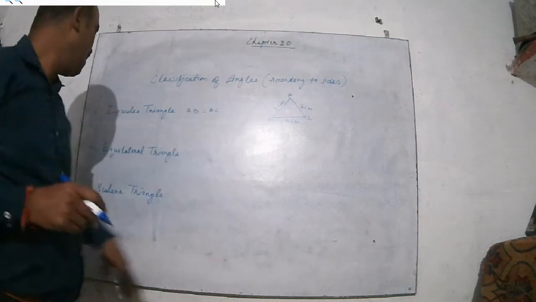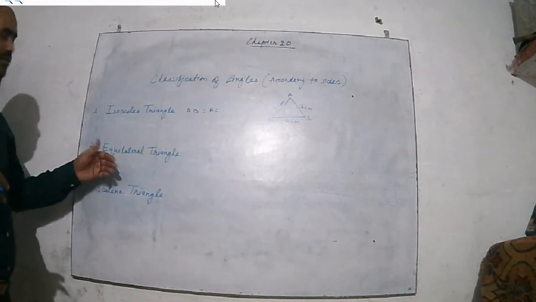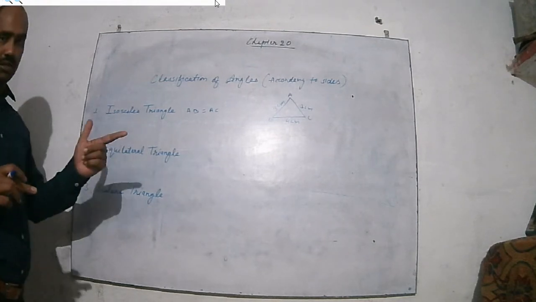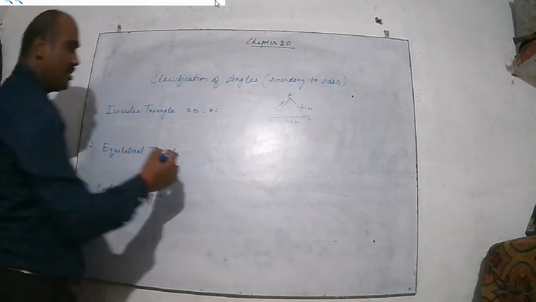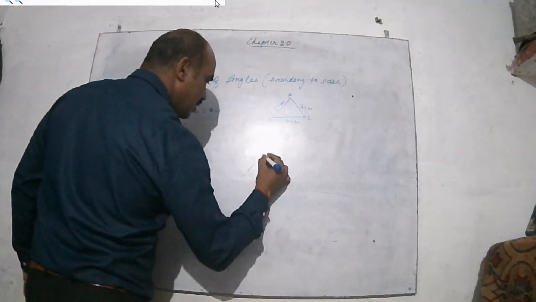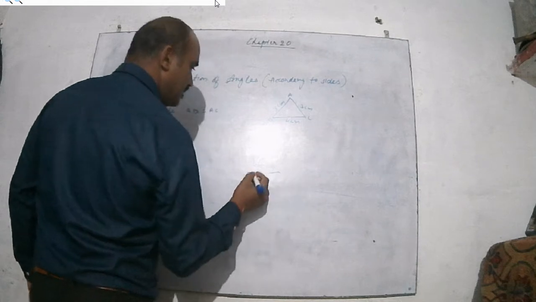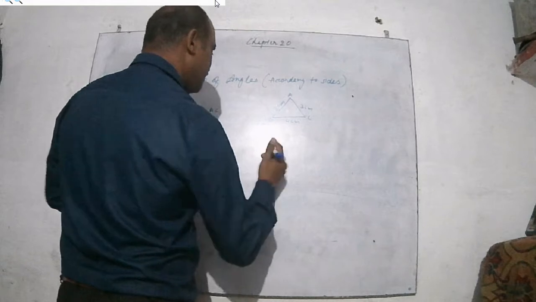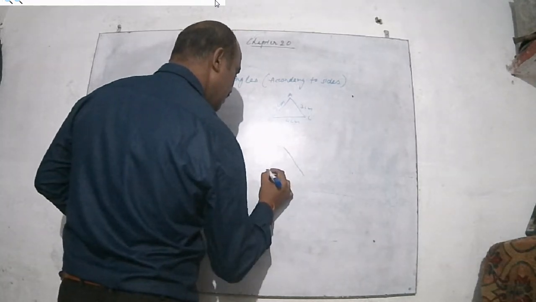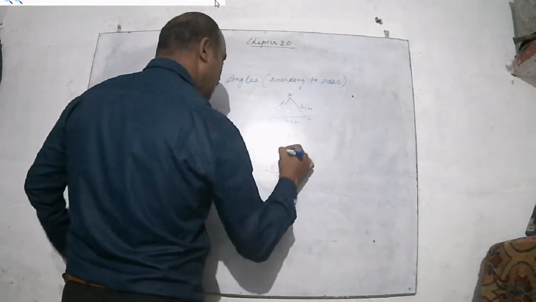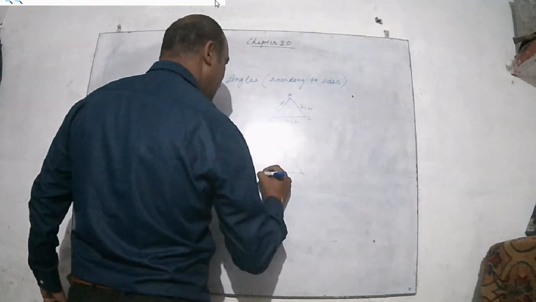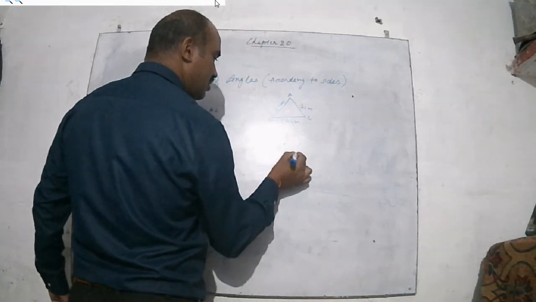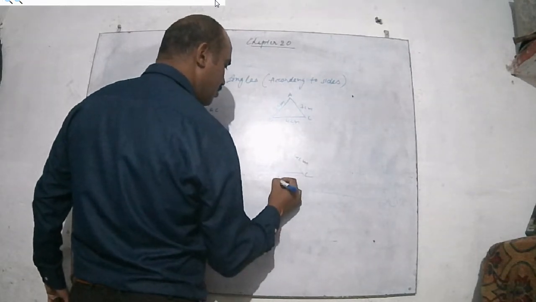Clear? Now we come to the equilateral triangle. Here its name shows it, equilateral means equal. An equilateral triangle means all three sides are equal. Suppose this side BA is 4 centimeter, AC is equal to 4 centimeter and BC is equal to 4 centimeter.